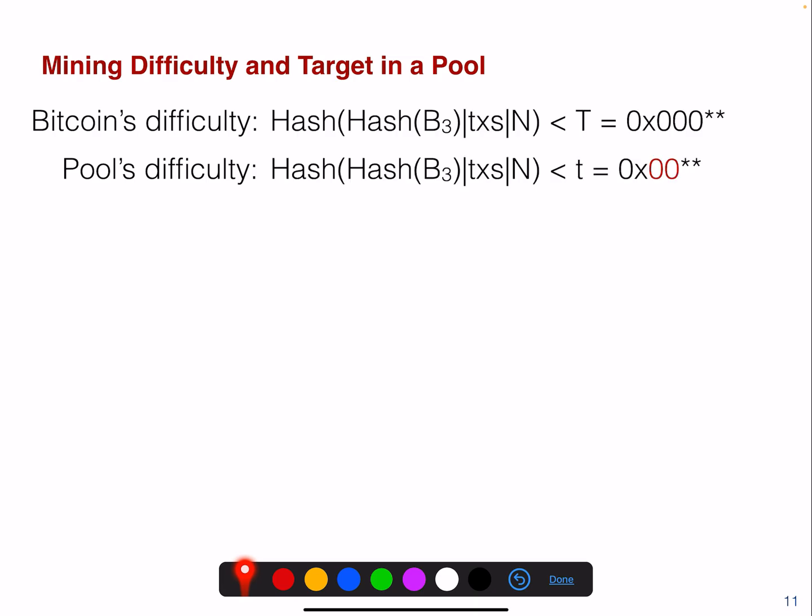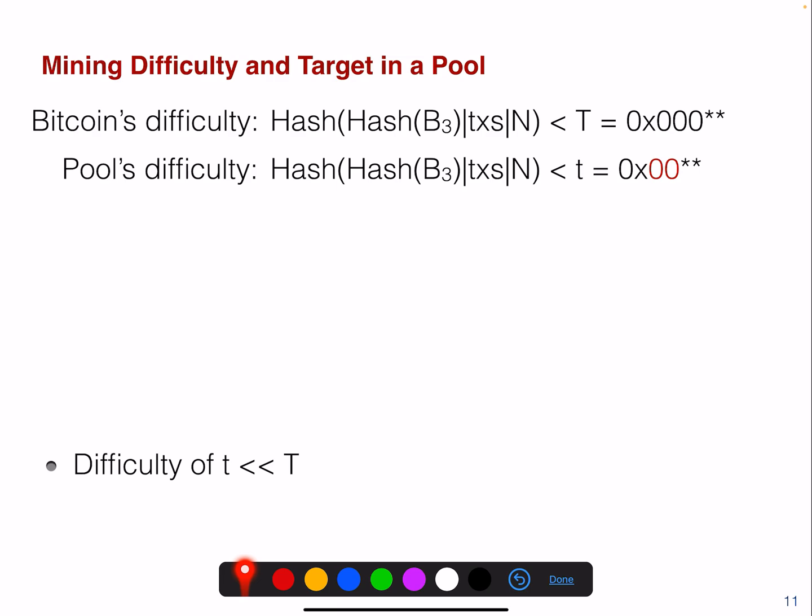So you can see here, we have this particular difficulty for the Bitcoin network. There's a 0 more. This means it's more difficult, right? Because the set of outputs of the hash function is smaller. So it's harder to find a block that satisfies this particular difficulty. It's easier to find a block that satisfies this difficulty here, where you have only 2 zeros.